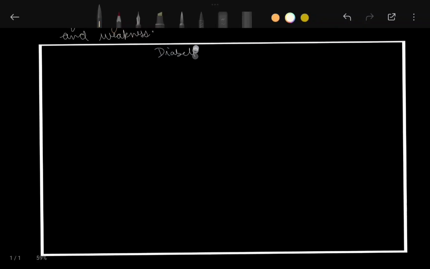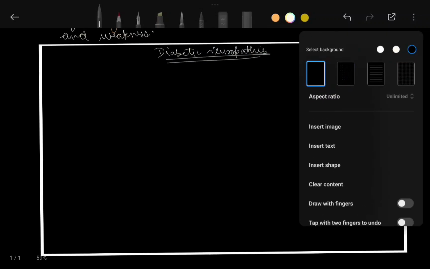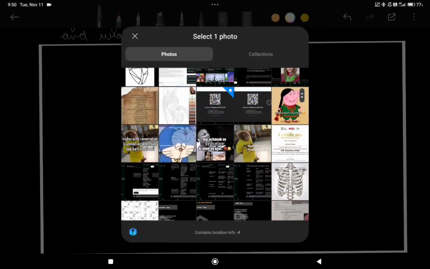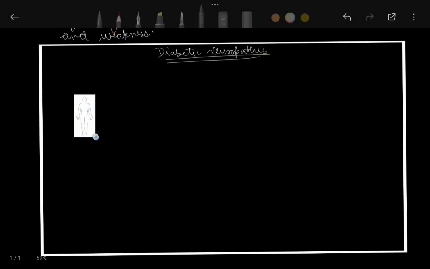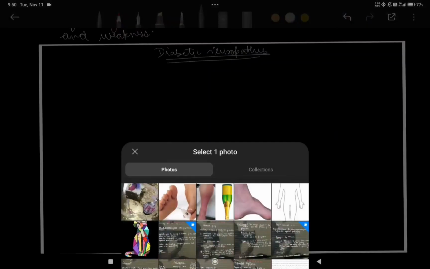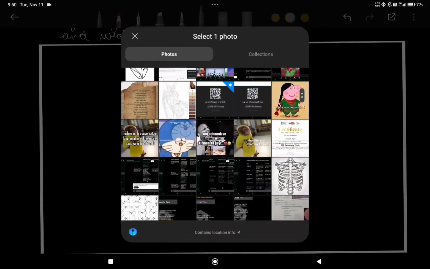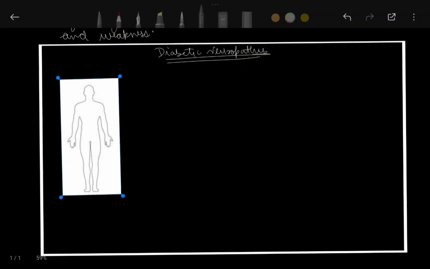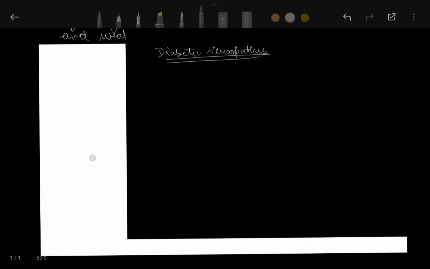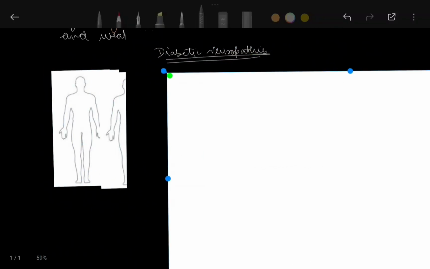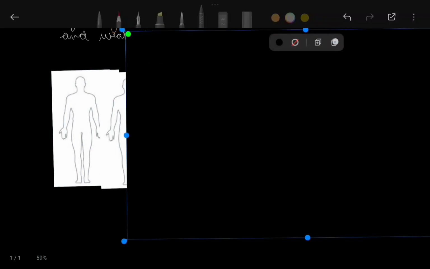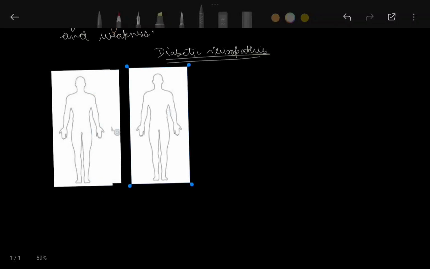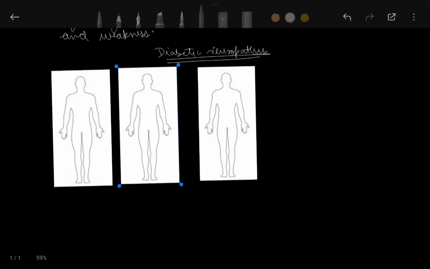Sorry, just a pictographic representation of different types of diabetic neuropathies. What just happened? Wait a minute. Where is it going? Okay, wow, I have to delete it. The layering is not good. I think we'll have to go by like this only. Sad.